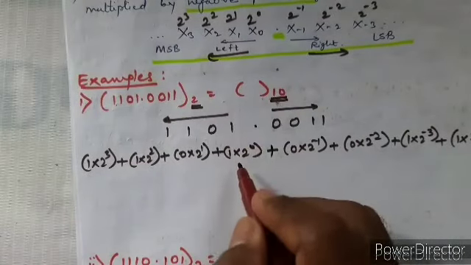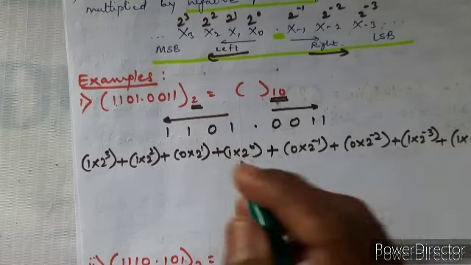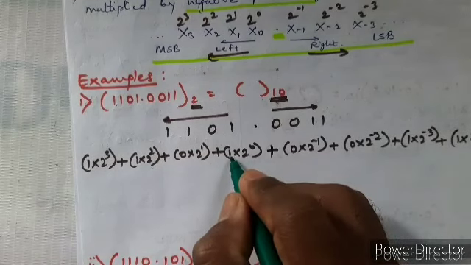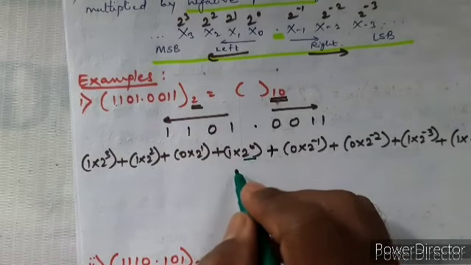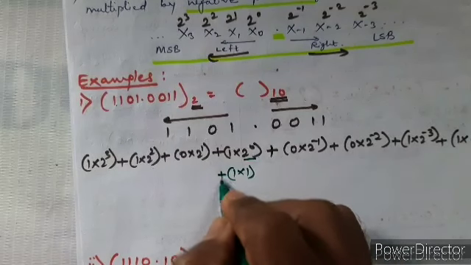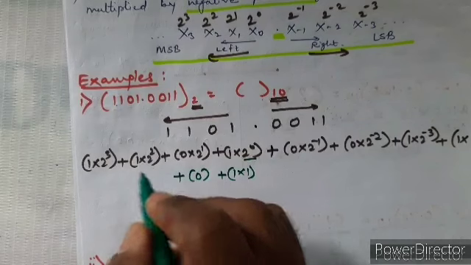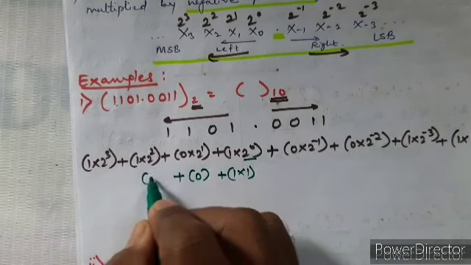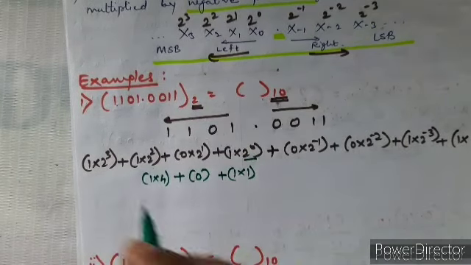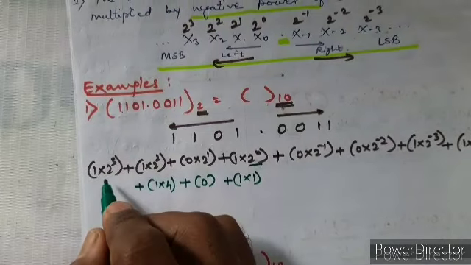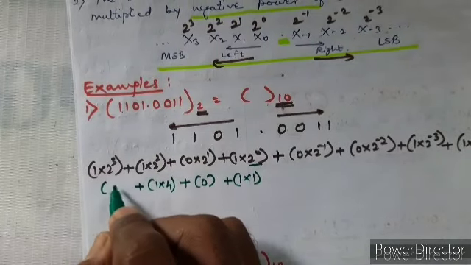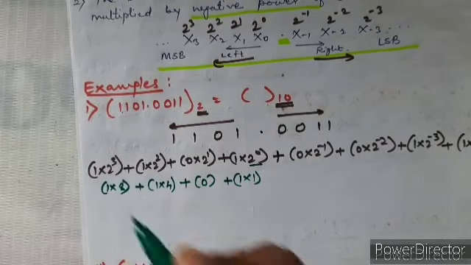So if I want to find this number, 2 raised to 0 is 1, so 1 into 1, plus 0 into anything is 0, plus 2 square is 4, so it is 1 into 4, plus 2 cube is 8, so it is 1 into 8.